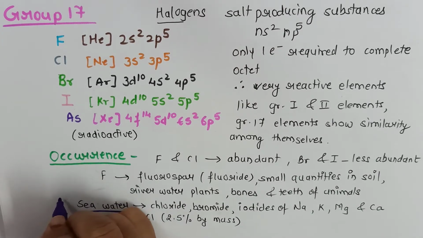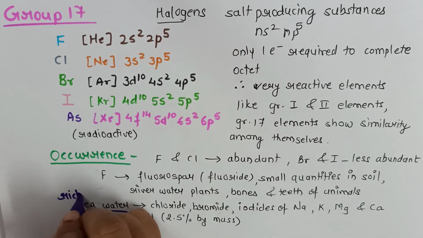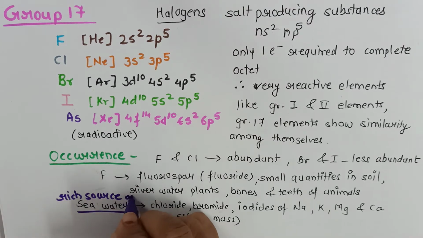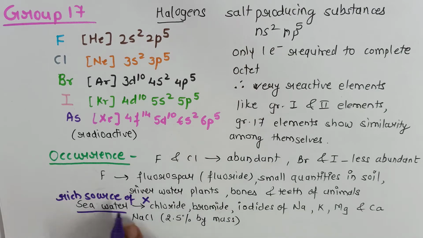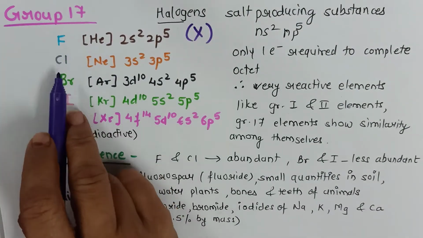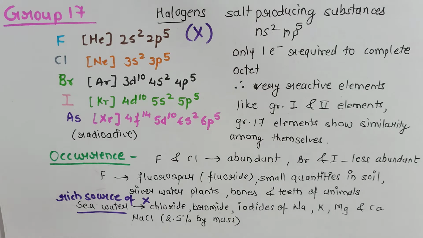They are found in seawater, and that's why seawater is called a rich source of halogens. Halogens are commonly indicated as X, which can be fluorine, chlorine, bromine or iodine.